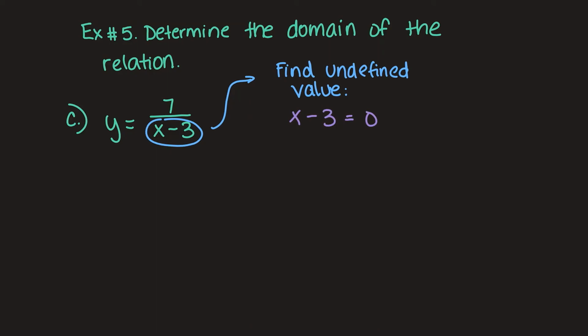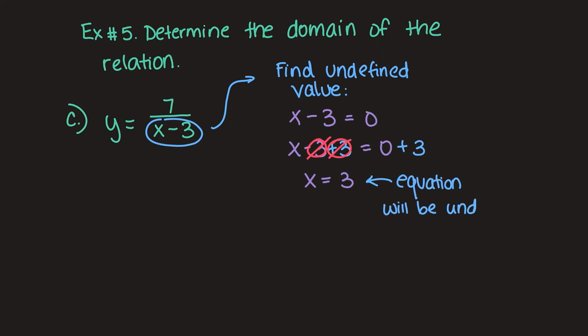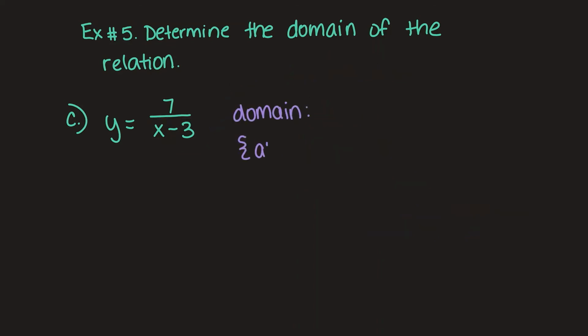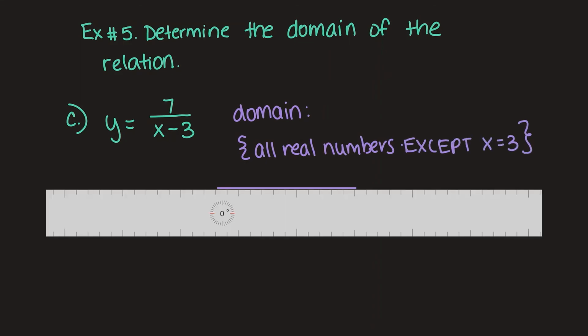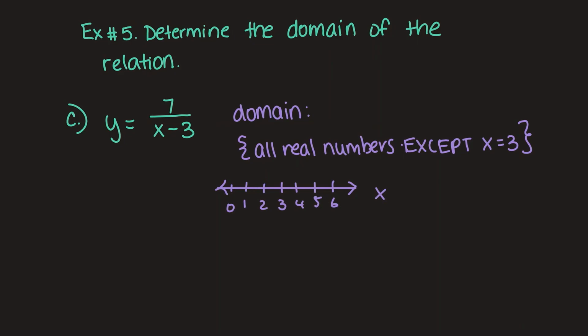We can set the denominator equal to 0 and solve for x, and then we get x is equal to 3. And our equation will be undefined when x is equal to 3. Therefore, our domain is all real numbers except x equals 3. And for our interval notation, the values of x are from negative infinity up to 3, but not including 3, union 3 up to positive infinity.